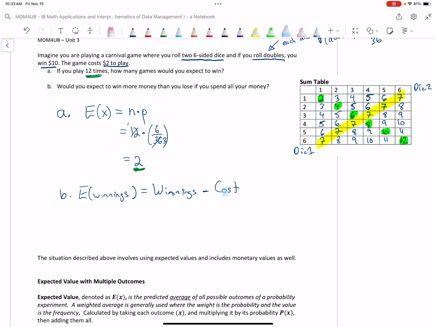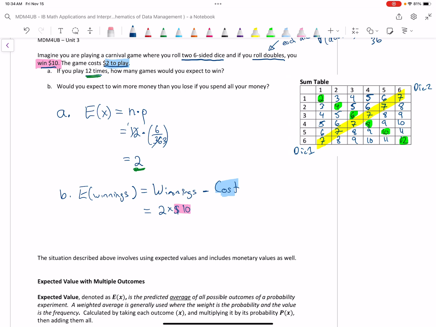And we know this cost to play is $2 each time. And the winnings, logically here, if I'm going to play 12 times, we said I expect to win twice. And my winnings will be that 2 times whatever money I'm going to win, which in this case you're expected to win 2 times and $10 each time. So I got 2 times 10.